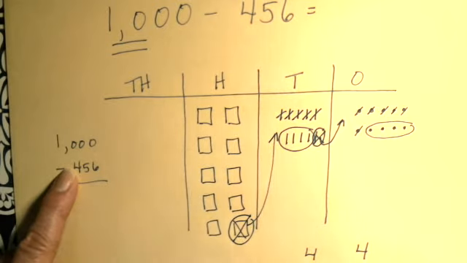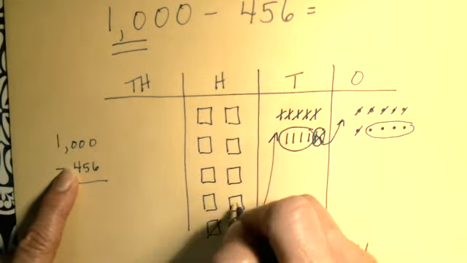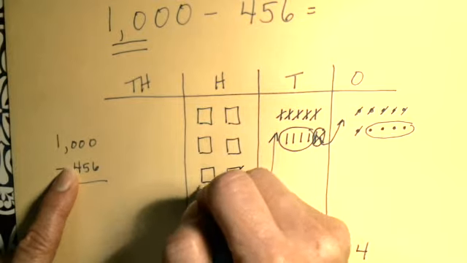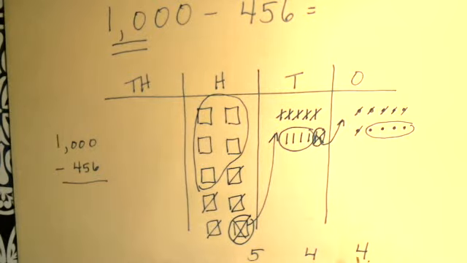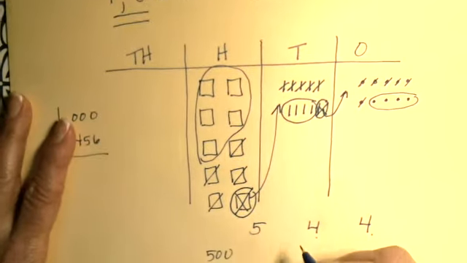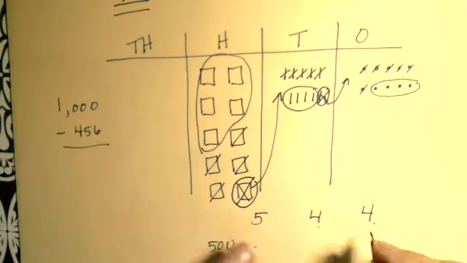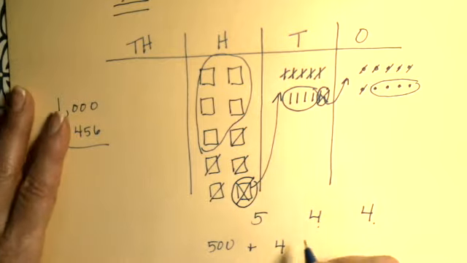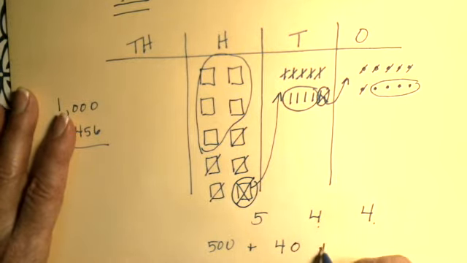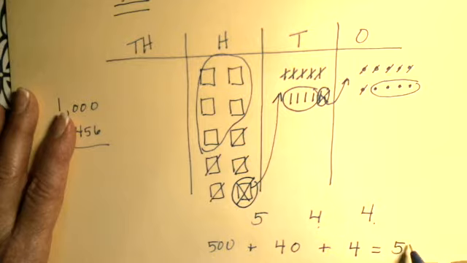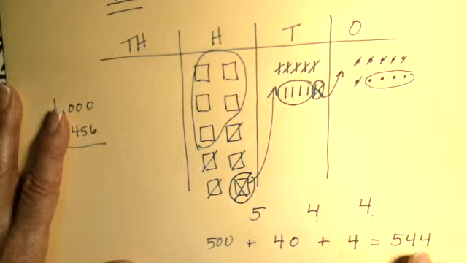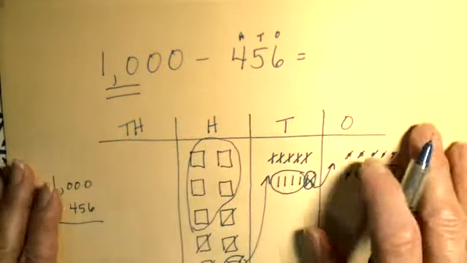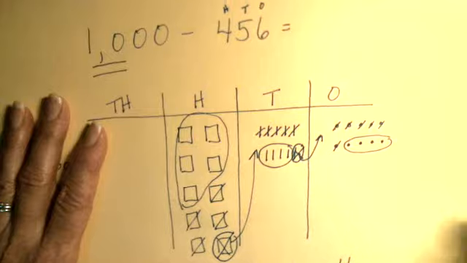I need to take away 4 hundreds: 1, 2, 3, 4. I have 5 left. 500 plus 40 plus 4, which is 544. So 1,000 minus 456 is 544.